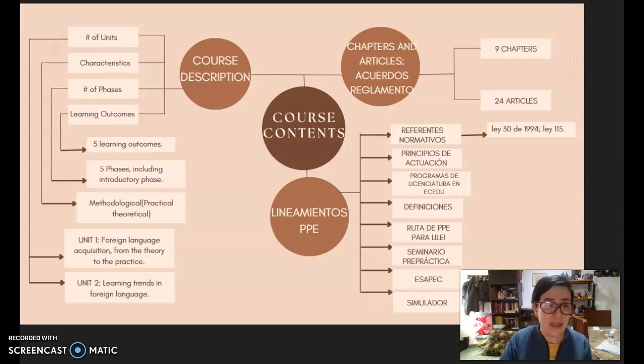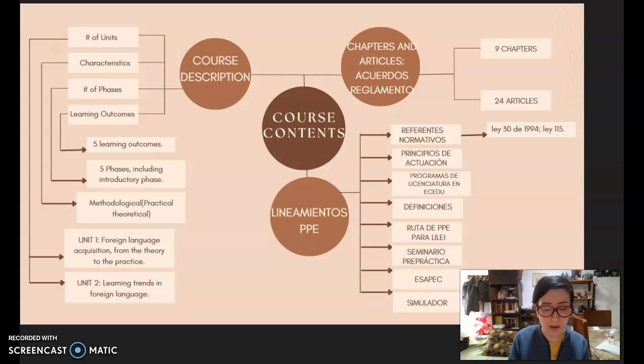So basically this is a methodological course which is part of the practical component of this program of the bachelor degree in its phase of participant observation. So what does it mean? The participant observation is a process of investigation in which the investigator or the researcher is involved, watching everything around him or her and taking notes of it and participating also.